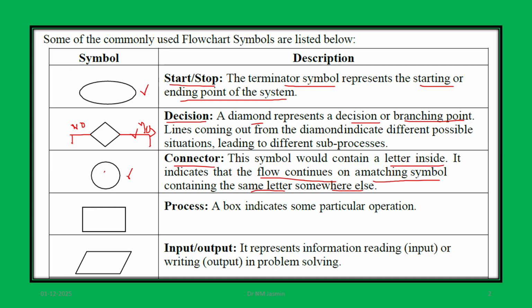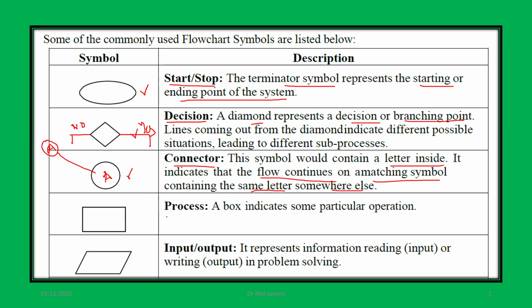Say for example, if you have taken the letter A inside, somewhere else we will have the same circle with the same letter inside. So to match the symbol with this, we have this connector symbol.